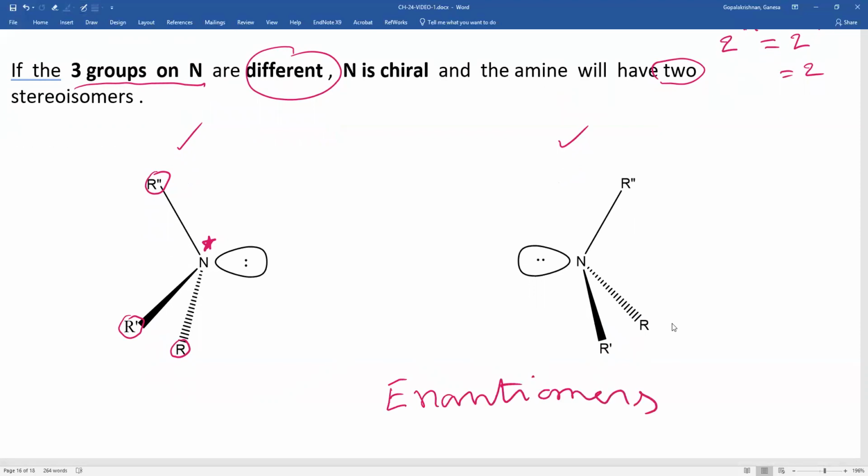They are mirror images, not superimposable. But we also saw in chapter 5, if you have this kind of structures, two structures which are mirror images, non-superimposable, one will have R configuration, the other will have S configuration, and we can separate them.